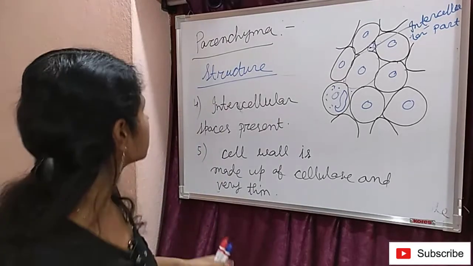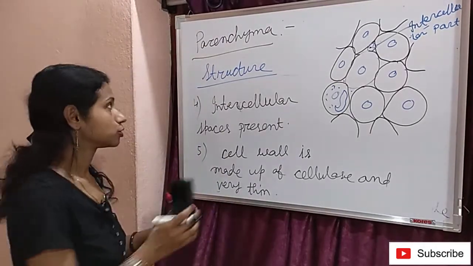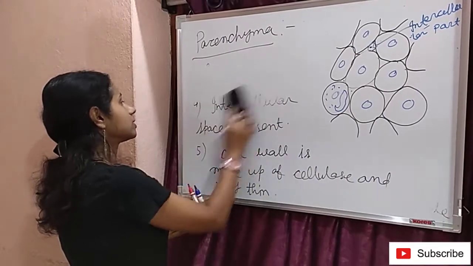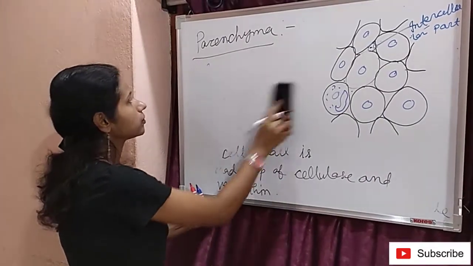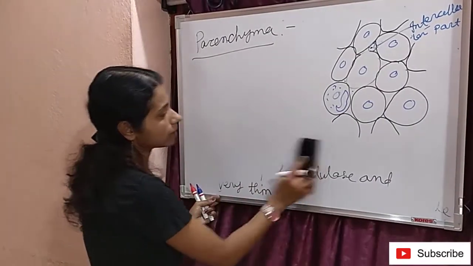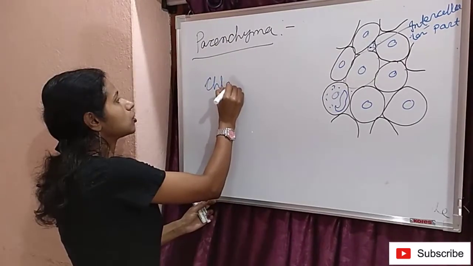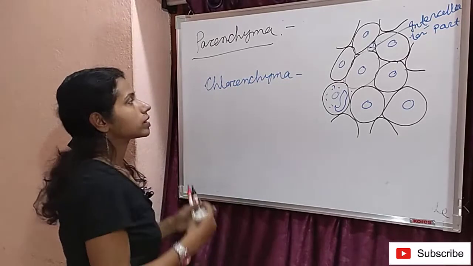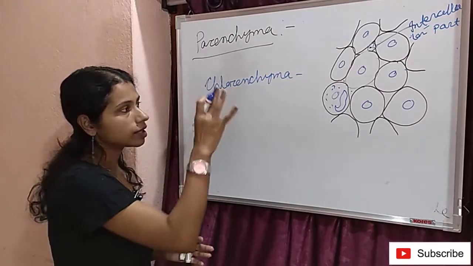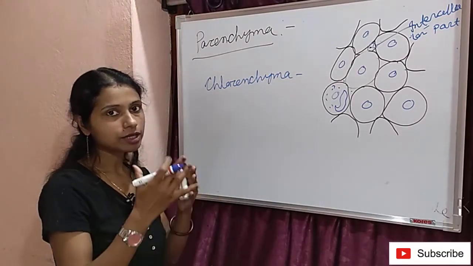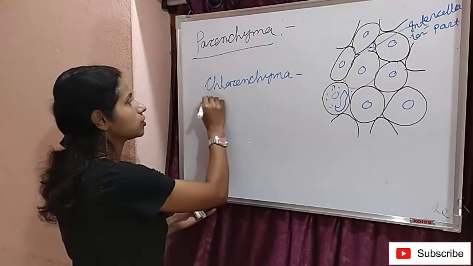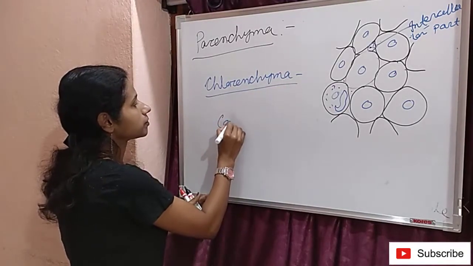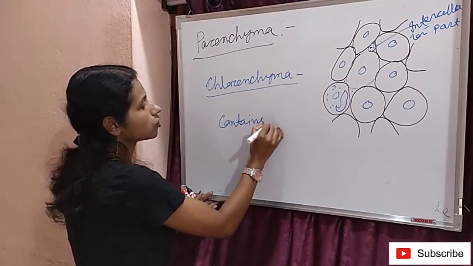Now there are two important points we have to know. In case of leaves, the parenchyma tissue contains chlorophyll.